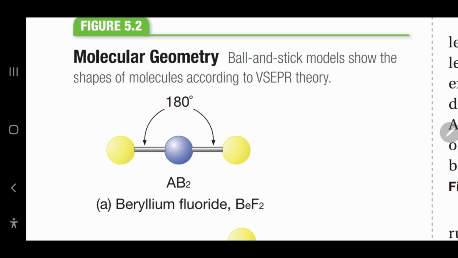Because simply the atoms will be as far as possible from each other, to decrease the repulsion between the electrons at this fluorine atom and the other fluorine atom with the electrons of the bond here. So this is the shape that will give the minimum repulsion between electrons in the compound. So this is the shape of BeF2.